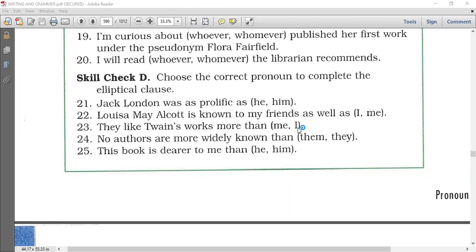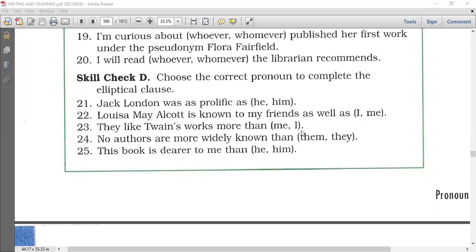They like Twain's works more than me or more than I. They like Mark Twain's works more than I or more than me. Who wants to answer? I. More than I. This is Ryan. Hassan. Okay. They like Twain's works more than I do.